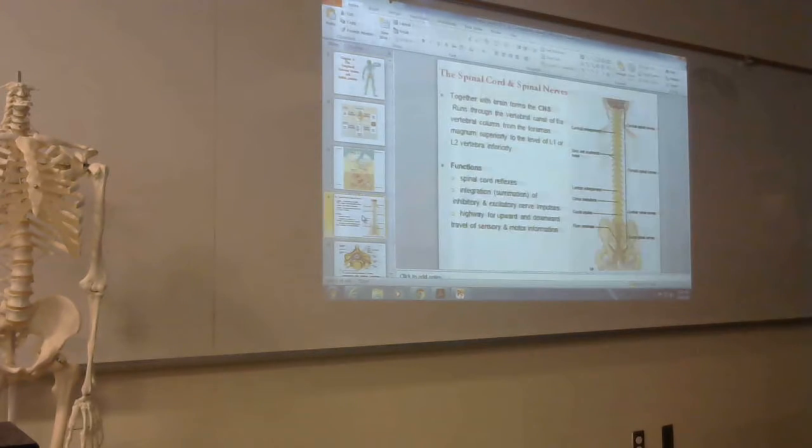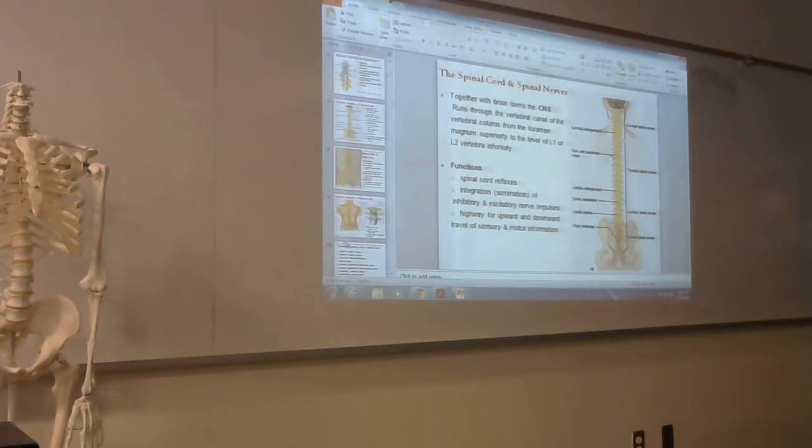So the spinal cord connects the peripheral nervous system with the brain, which is the seat of awareness. Okay, so this one contains your ascending afferent pathways, descending efferent or motor pathways. Afferent is sensory pathways.